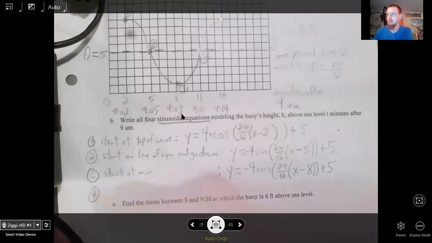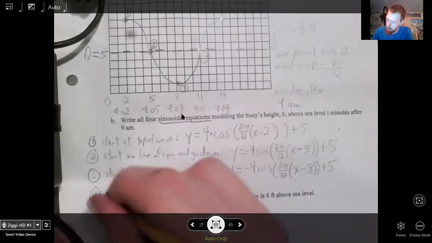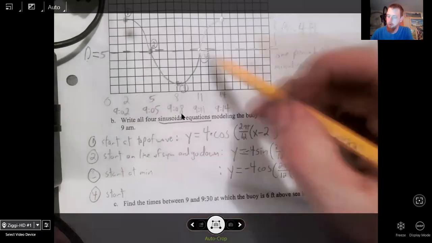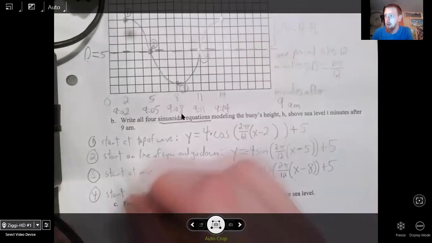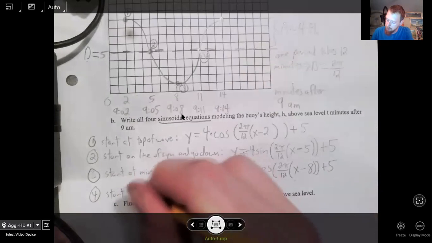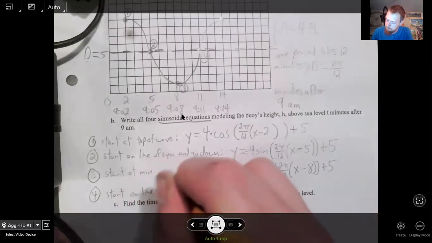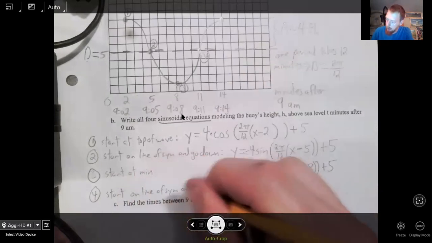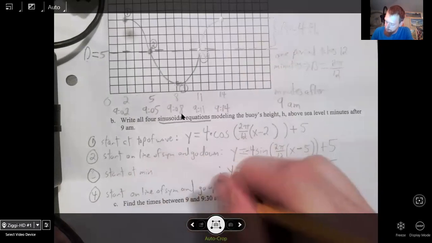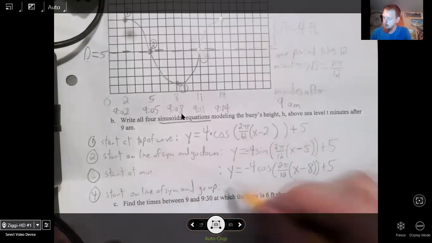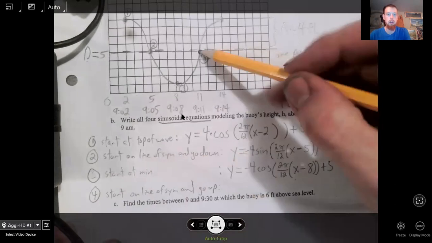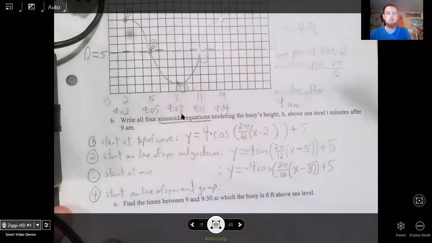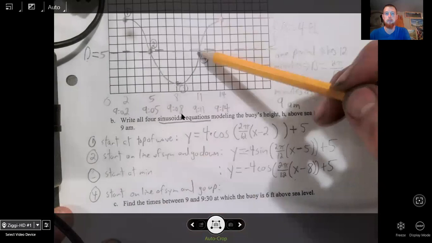Lastly, we can start at the fourth point that we have right here. That would be starting on the line of symmetry and going up. So let's see, does this look more like cosine or sine? It looks more like sine. I'm starting on the line of symmetry.